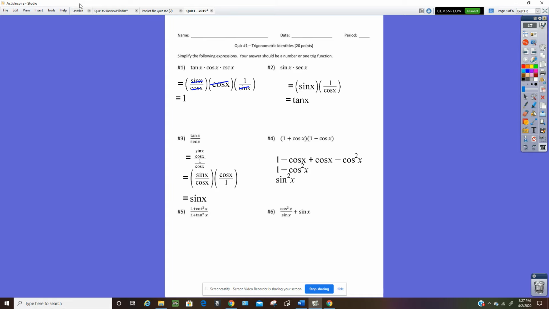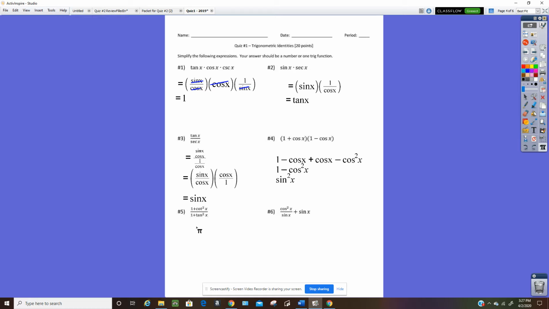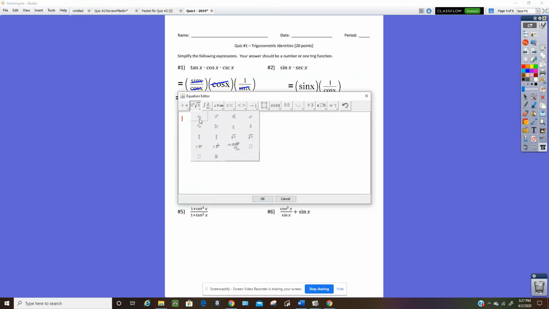So now I have cosecant squared over secant squared x.